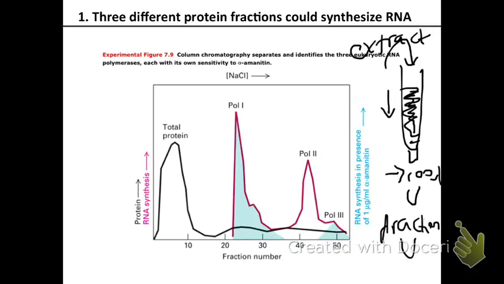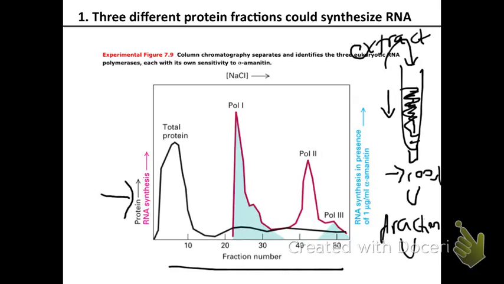All right, so that's what's plotted here. The researchers took each fraction and looked at whether that fraction can support RNA synthesis. So they mixed the proteins in that fraction with some DNA and some ribonucleotides, and looked at whether it can support RNA synthesis or not.